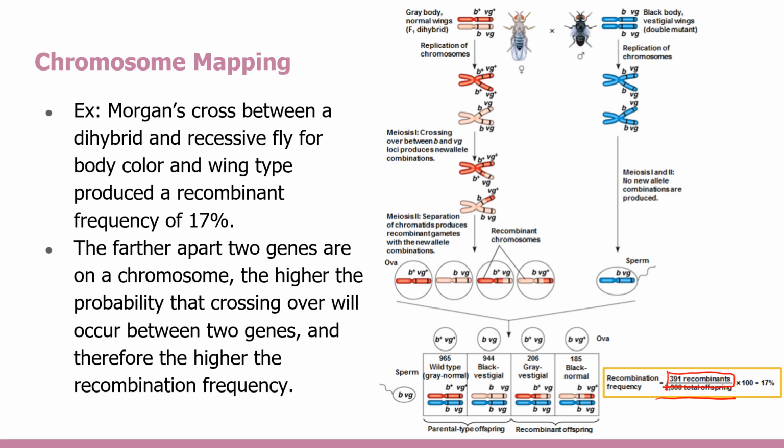The farther apart the two genes are on the chromosome, the higher the probability that crossing over will occur between the two genes. Therefore, the higher the recombination frequency. Whereas if the genes were located closer together, the lower the percentage of crossing over will happen between the two, and therefore the lower the recombination frequency.